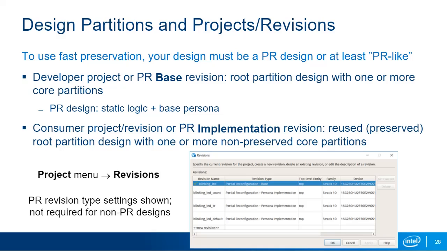The consumer project can take the form of a completely separate Intel Quartus Prime project or as an additional project revision of the developer project. Using revisions simplifies project management since only a single project is required, but it limits sharing of the consumer project with other designers. Choose the project management setup that works for you.